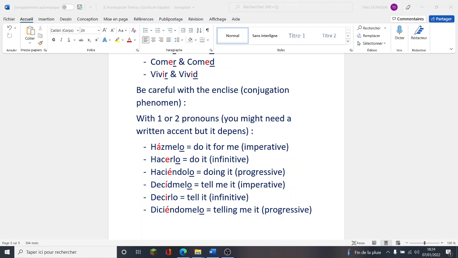So let's have a look at those examples. Hazmelo, which is the first I've chosen, means do it for me in the imperative mode.